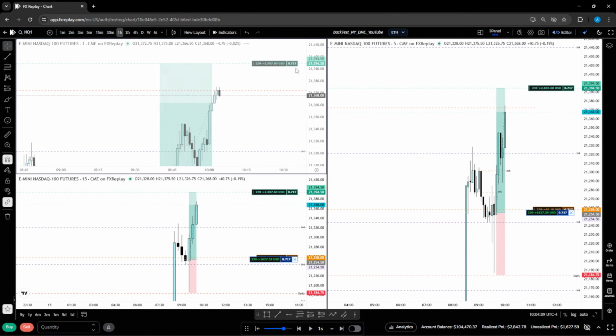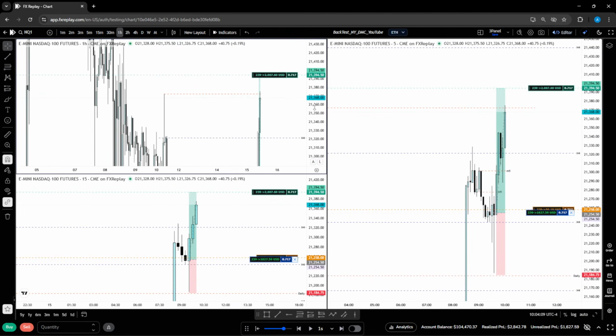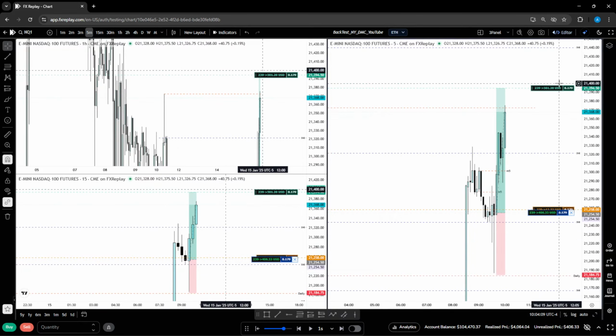It's a major high, so it could possibly push us all back. What I'll do is I'll take about 75% of it and let the rest run.